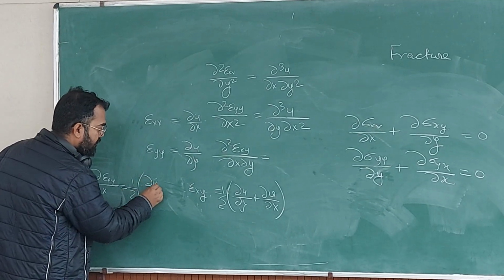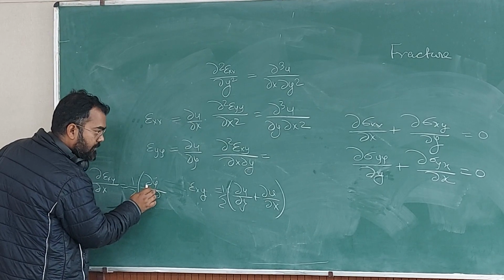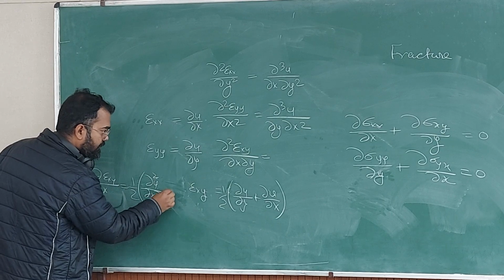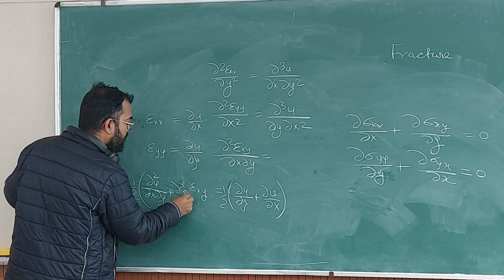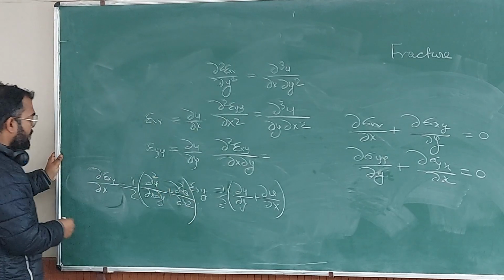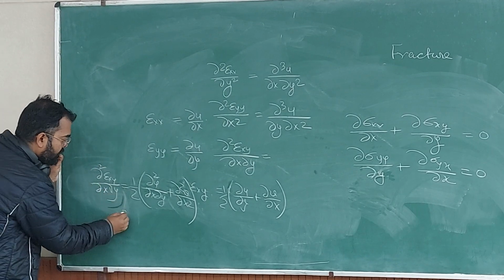You have del u by del x square, no? Del 2u by del y del x plus del 2v by del x square. And now you do this, and what will you get?